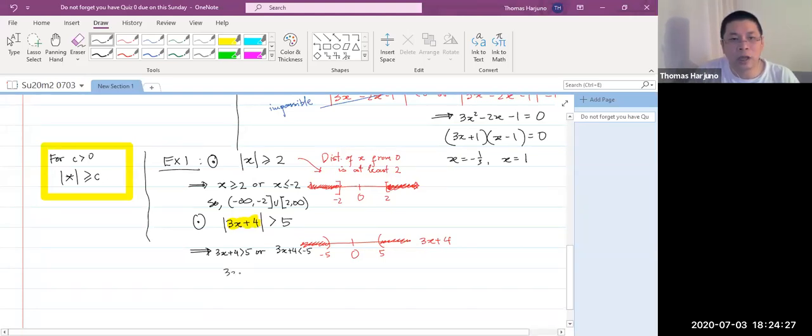That's 3x greater than 1, x is greater than 1/3, or 3x is less than negative 9, x is less than negative 3. So, negative infinity up to negative 3 with a parenthesis, because I don't include the negative 3, union, parenthesis 1/3, because I don't include the 1/3, up to infinity.